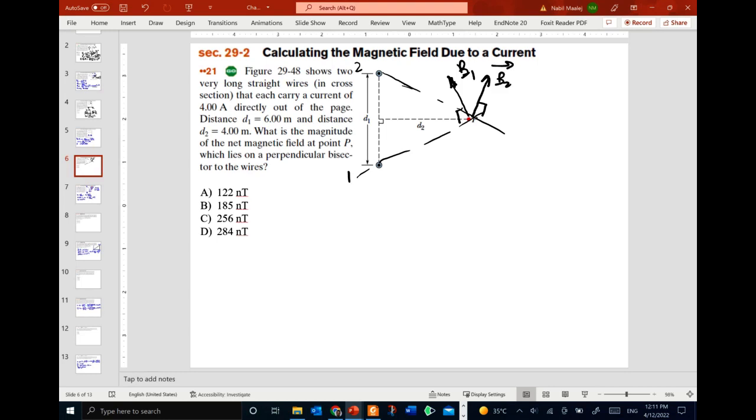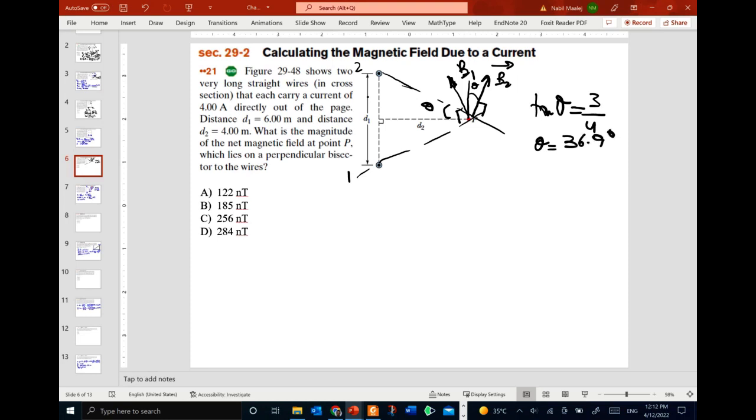Now this angle theta here is the same as this angle theta because the sides are perpendicular to each other. And tangent of theta is equal to 3 divided by 4, so theta is approximately 36.9 degrees.